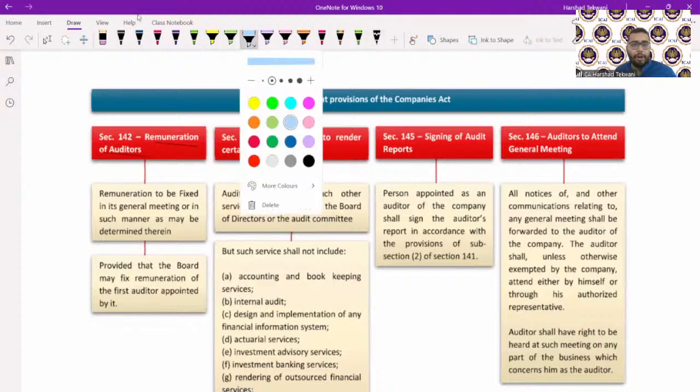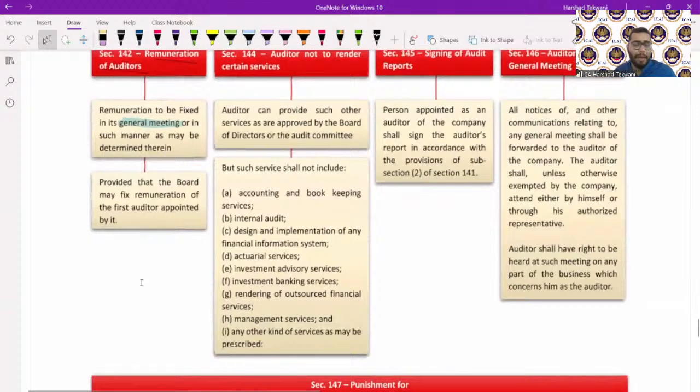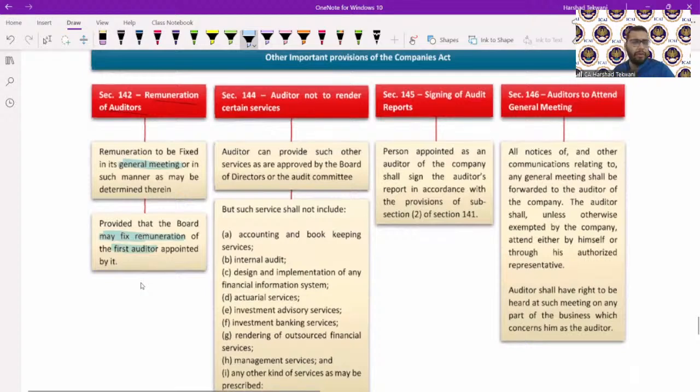However, when it's the first auditor, we saw that the first auditor is appointed by the board of directors, so in that case the board may fix the remuneration for the first auditor. So remuneration in normal cases is fixed in general meeting, but for the first auditor, it may be fixed by the board. That's section 142. Pretty simple, nothing much in that.